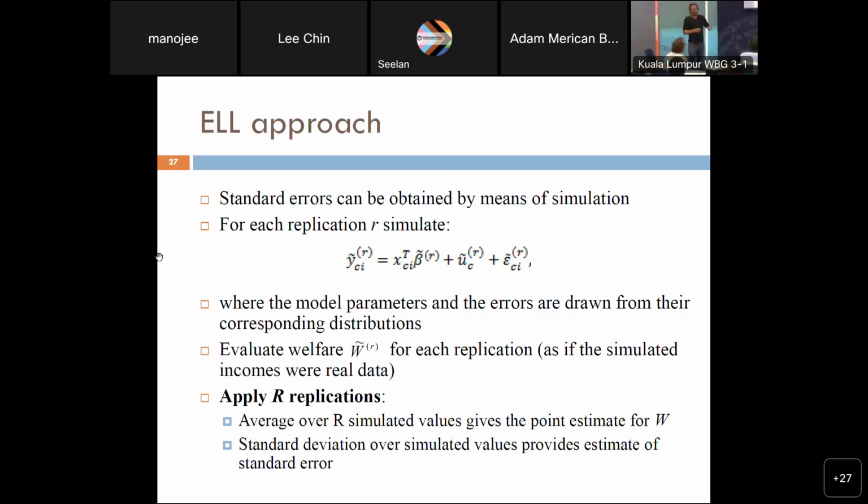We repeat that exercise, say 500 times. So now we're going to get 500 poverty maps, 500 estimates of poverty in every province, in every municipality, etc. The average across the 500 simulations is your point estimate, and the standard deviation will be your standard error.